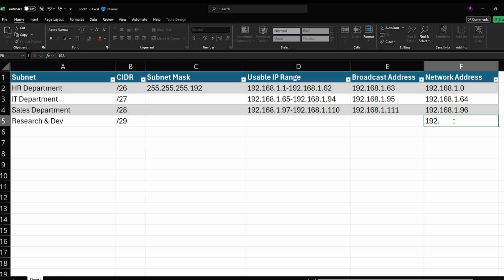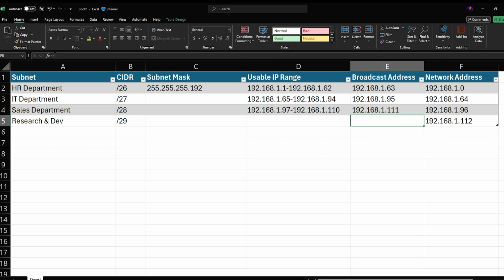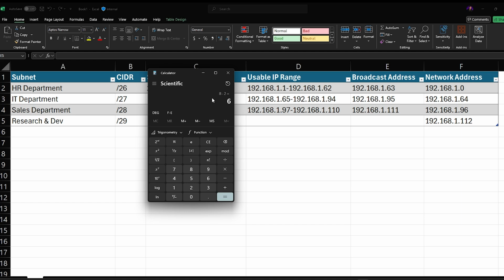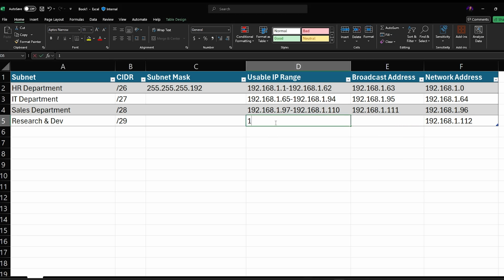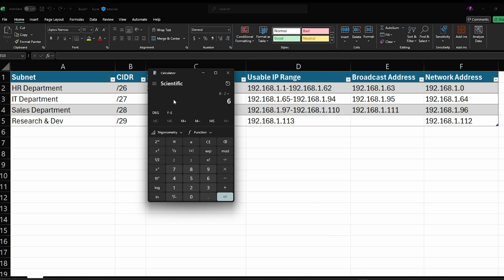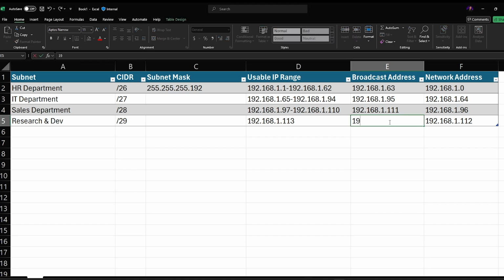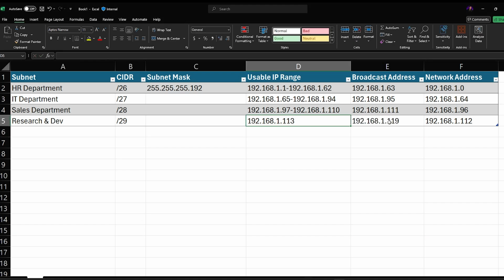The next network address is going to be 192.168.1.112, so the first host would be 113, plus 6 is 119. So the range is 192.168.1.113 to 192.168.1.118.